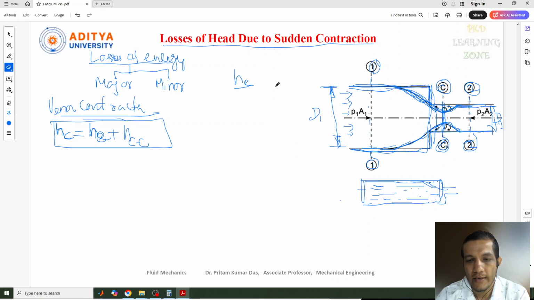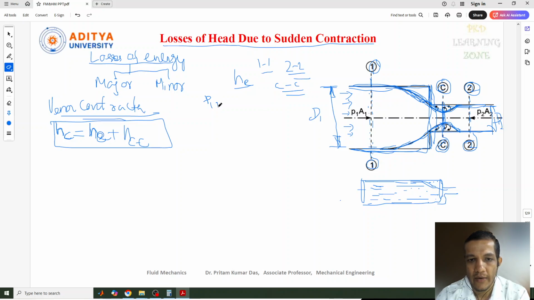Before that, let me tell you the notations. To derive this equation, we need to consider section 1 and section 2, and in the middle one more section, the vena contracta section CC.